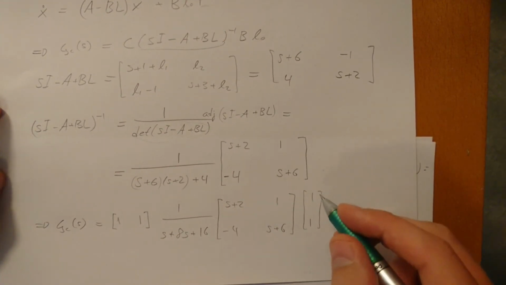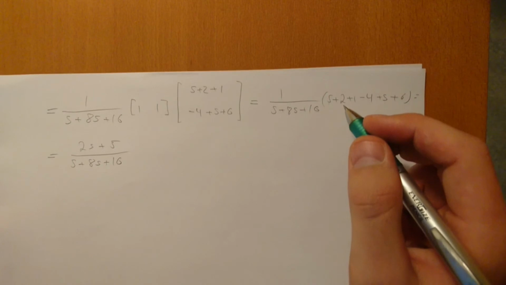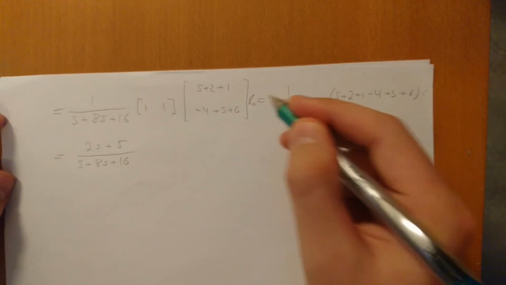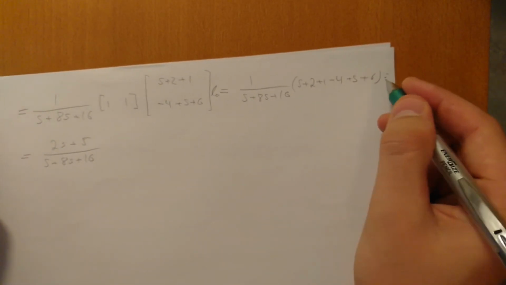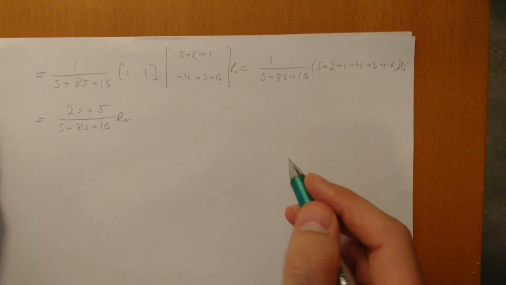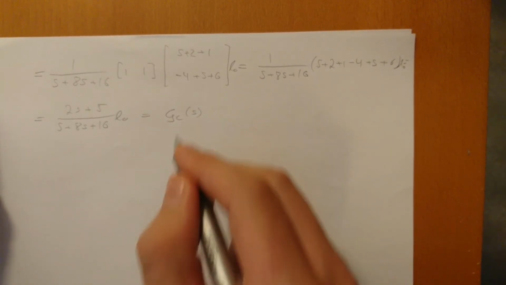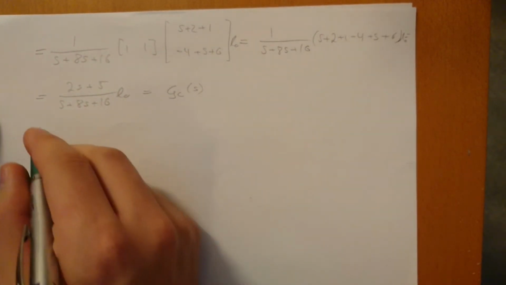That should have been included here, and then of course also here, and here, and then here. So this is the transfer function, Gc of s.